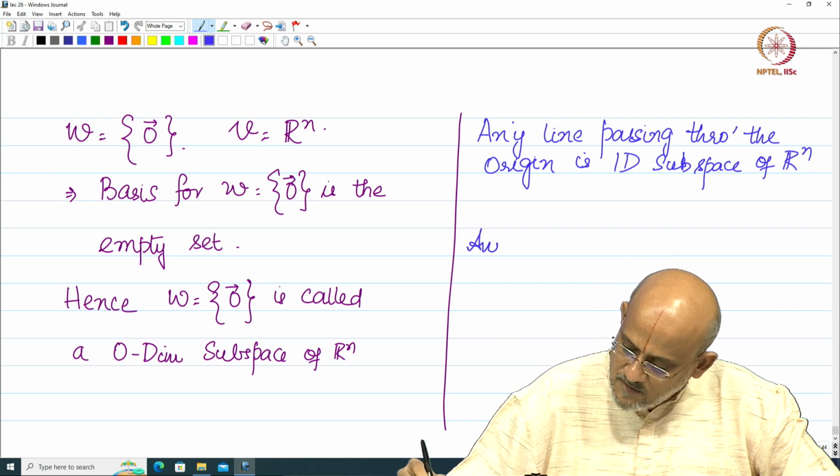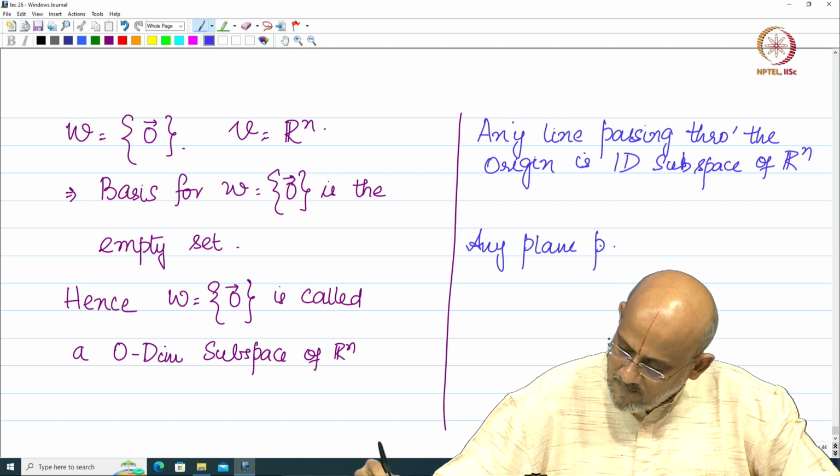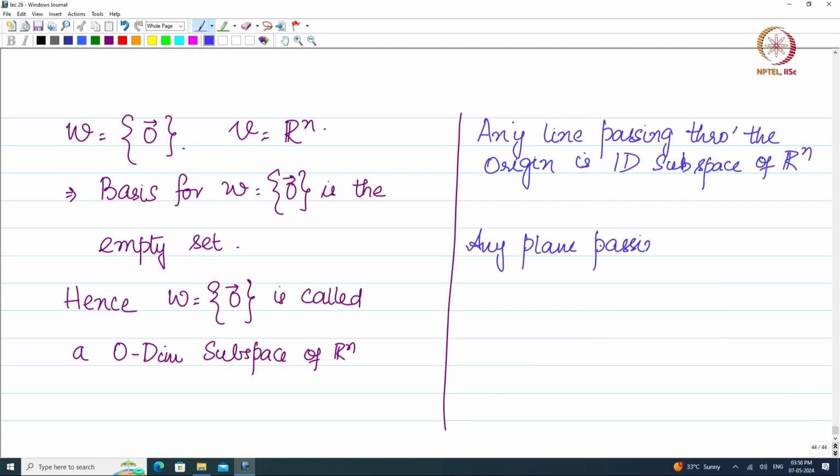Any plane passing through the origin is a 2D subspace of Rn. Is that clear?